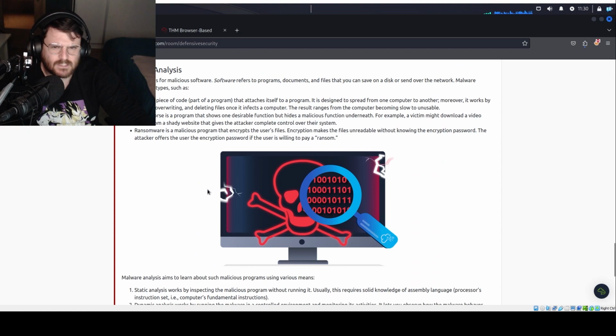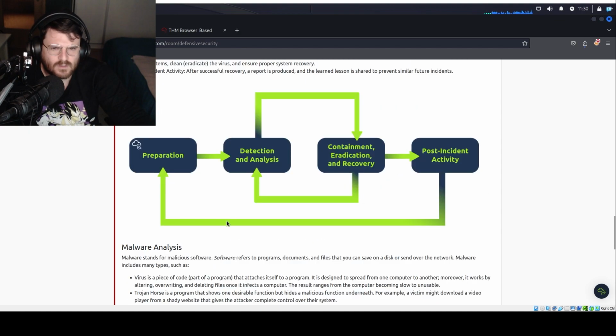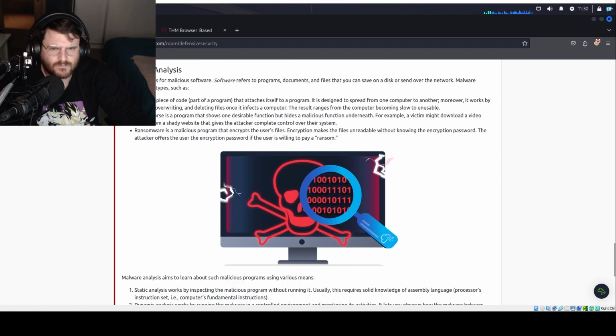Malware analysis. Malware stands for malicious software. Software refers to programs, documents, and files that you can save on a disk or send over the network. Malware includes many types, such as viruses.